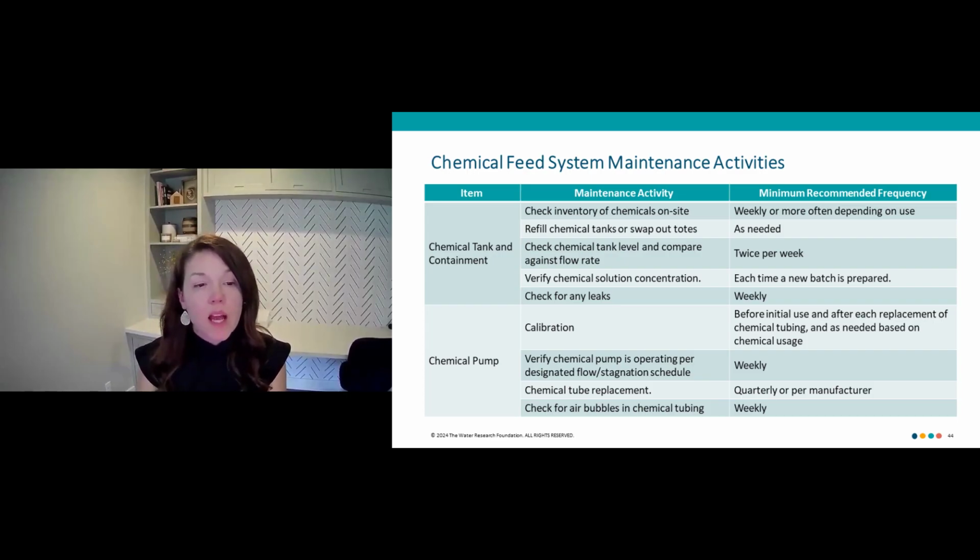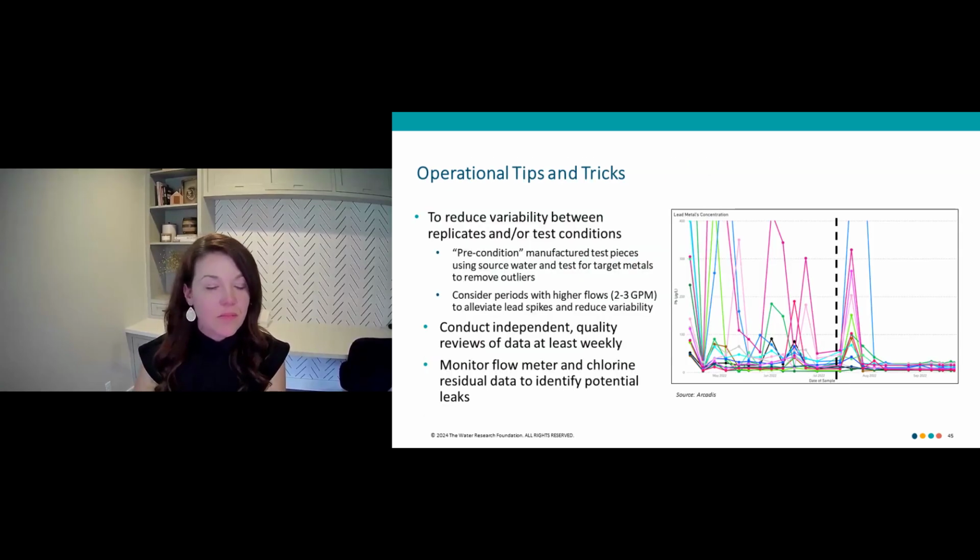Consider pumping non-chemically treated water, so either source or tap water with no chemicals, to the rig to confirm the target flow rates are being achieved. And then at the start of the testing period, or when you're going to actually get moving with chemical addition, if it's required, consider gradually increasing that pump flow to avoid any accidental overdoses.